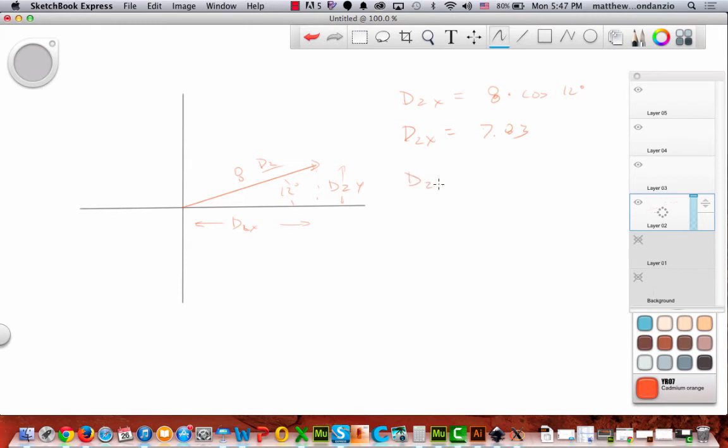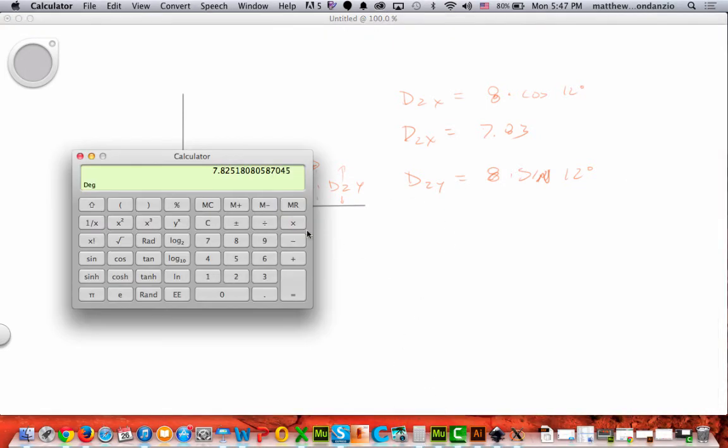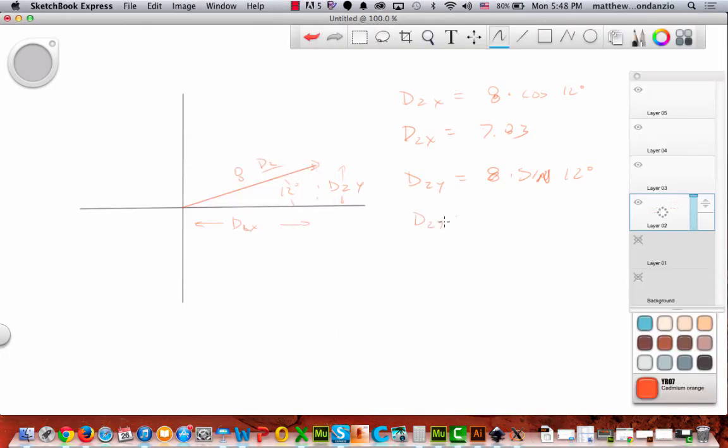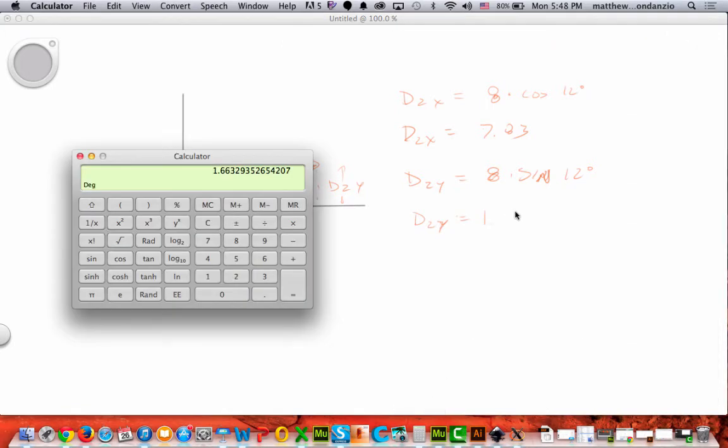And our d2y is equal to 8 times the sine of 12 degrees. So I come back and I say, okay, 12 sine times 8, and it's 1.66. So d2y is equal to 1.66.